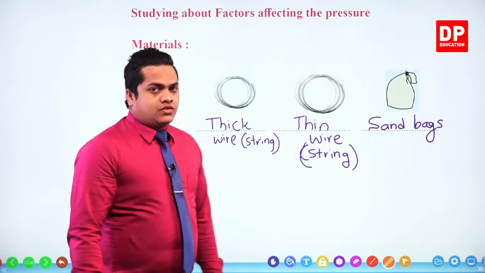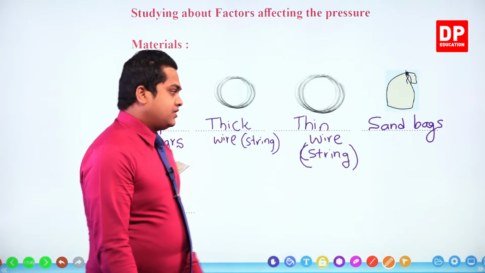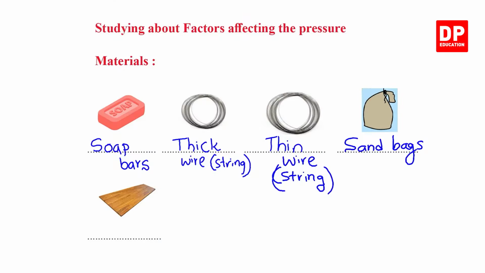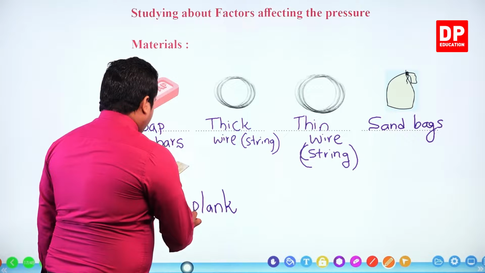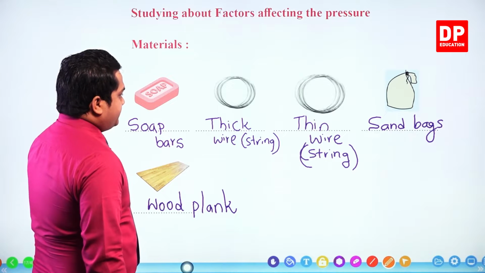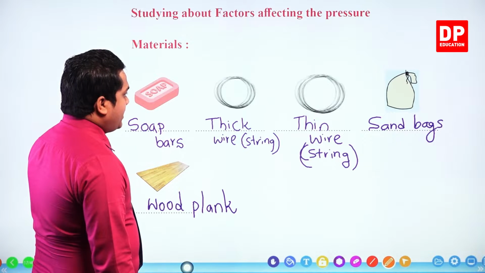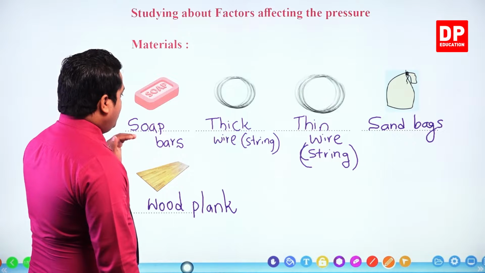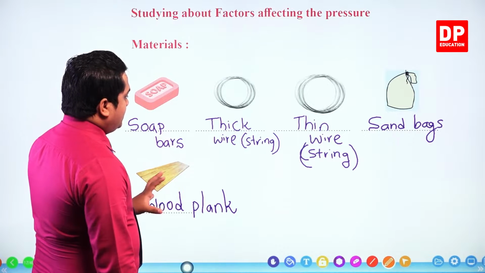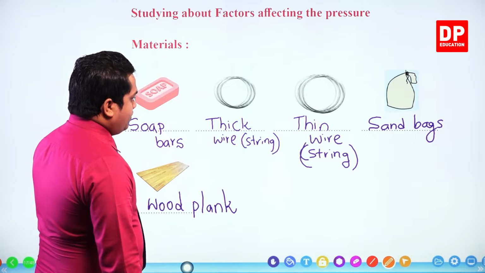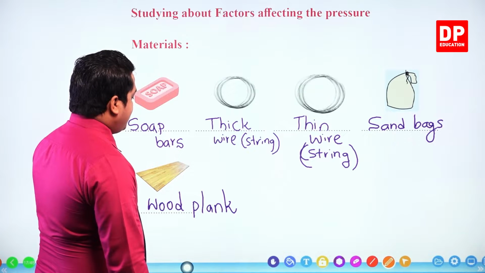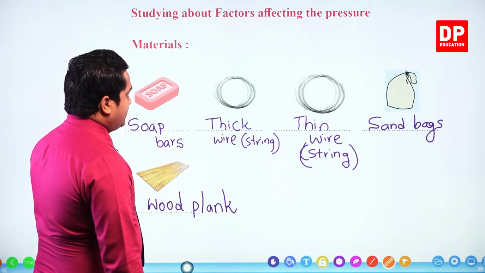Sandbags. Then after that, wooden sheets or planks. Right, wood plank. So these are the materials that you need. You'll be needing soap bars, a thick wire and a thin wire, several sandbags and some wood plank.